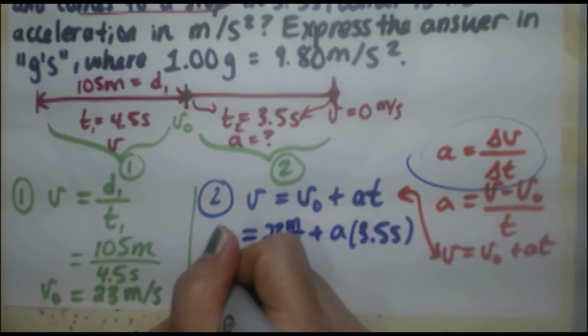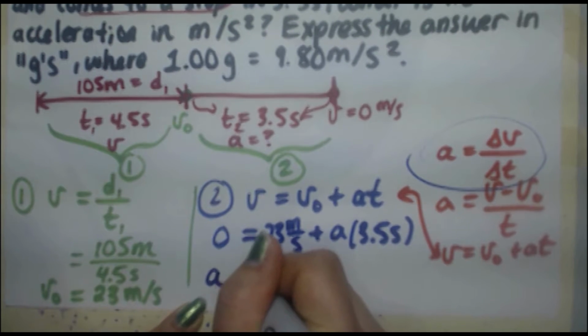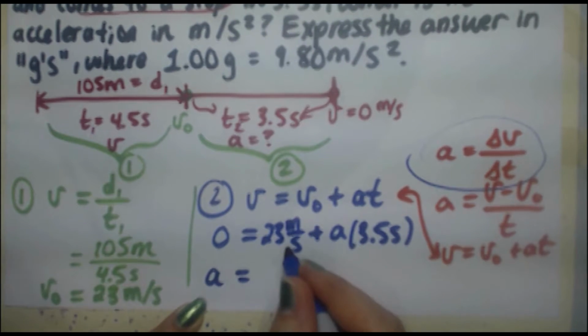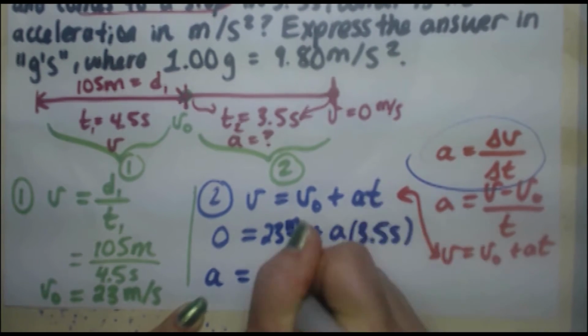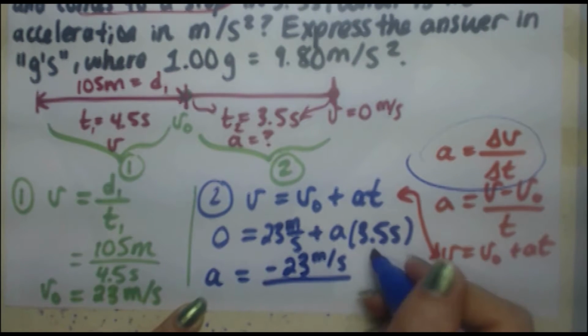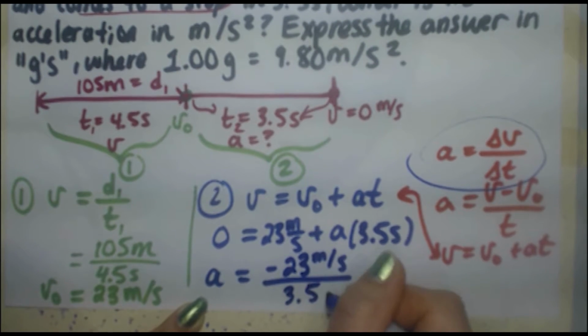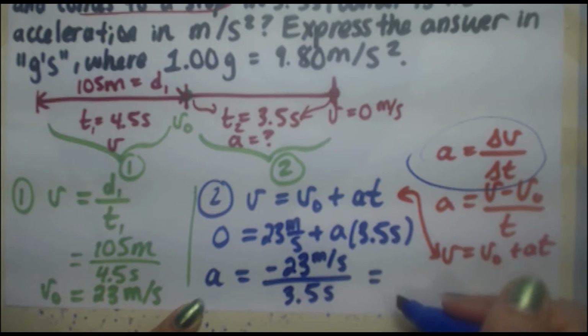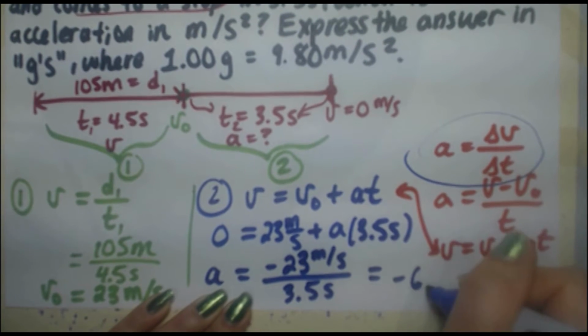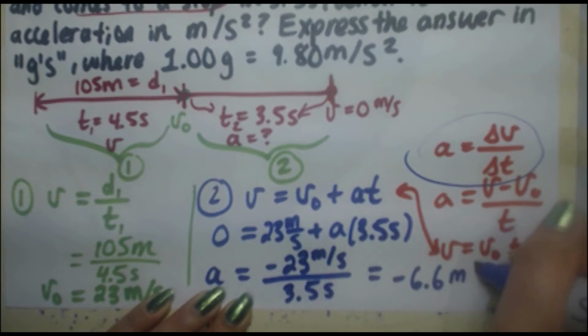If we rearrange, a equals 0 minus 23, which becomes negative 23 meters per second, divided by the time, 3.5 seconds. Calculating that, you end up with minus 6.6 meters per second squared.